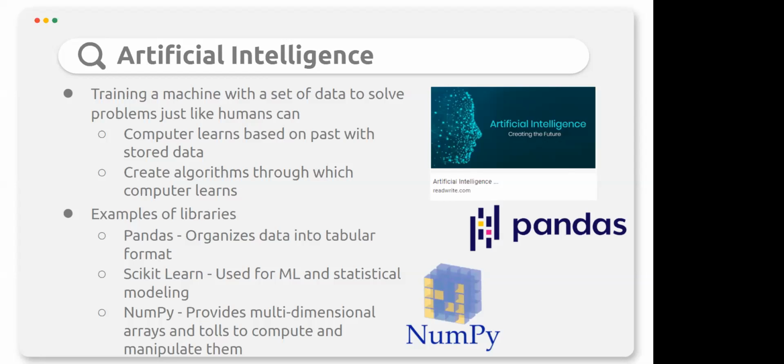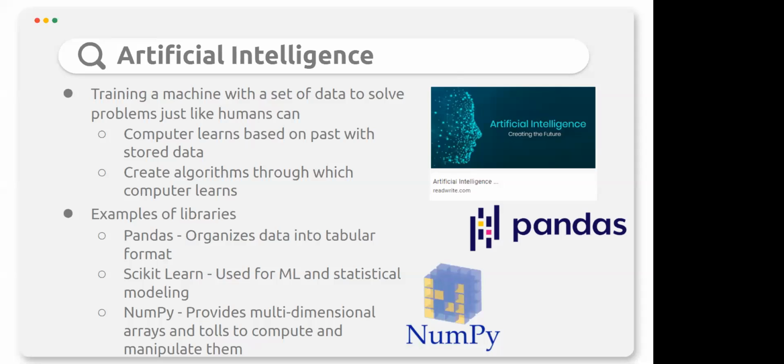You use an artificial intelligence model to train your machine with a set of data related to that math problem, and as it gets trained over and over again, it can finally solve that problem with 100% accuracy.